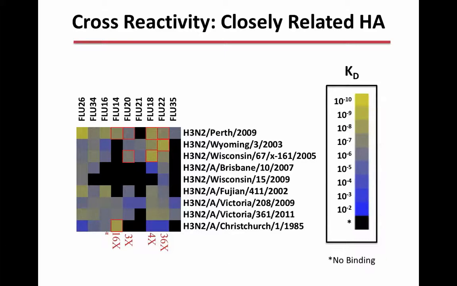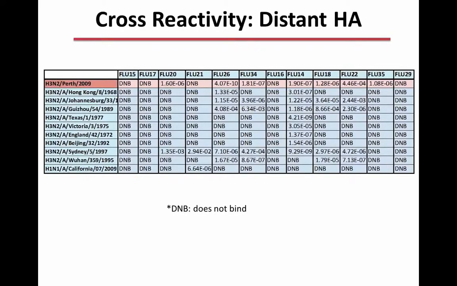And we've also tested H3 strains that are more evolutionarily distant, or whose sequences are farther away from the Perth vaccine strain. And in this case, we find that not as many of the antibodies bind to the distant H3 sequences.